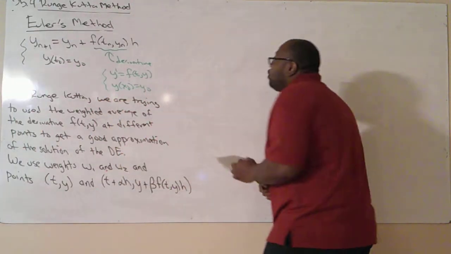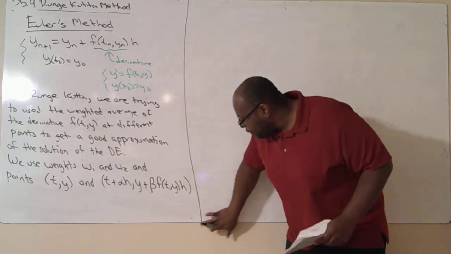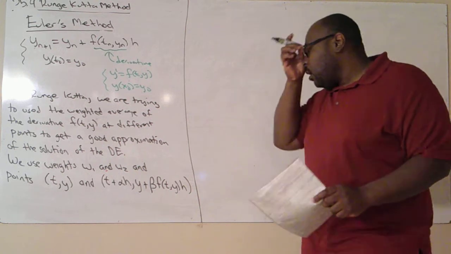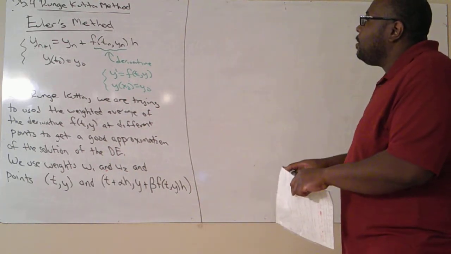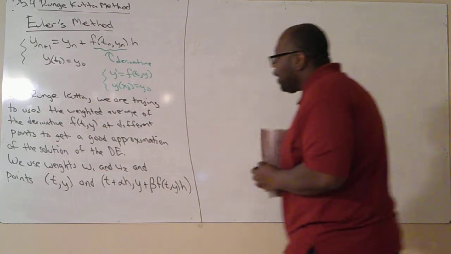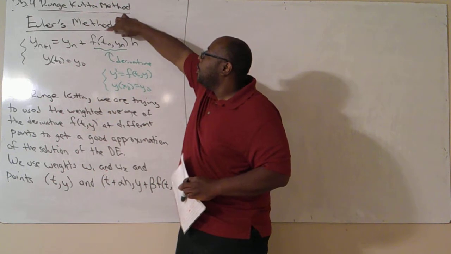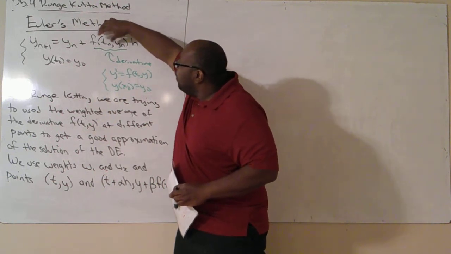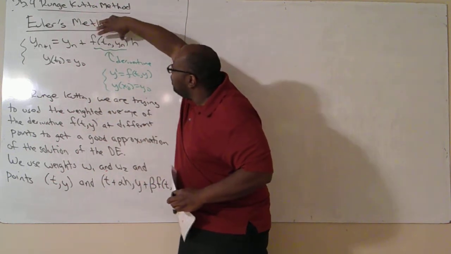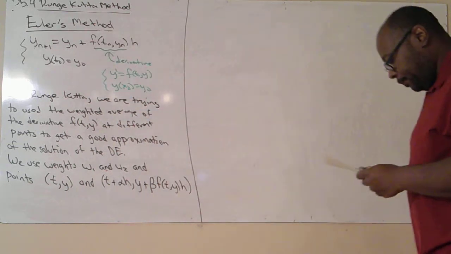So we're going to use these 2 points to approximate my differential equation solution. These 2 points are going to be plugged into my new method, which is going to take the place of what we have right here in Euler's method.